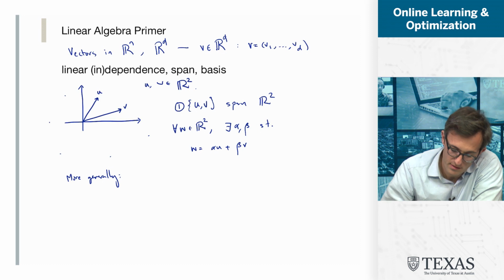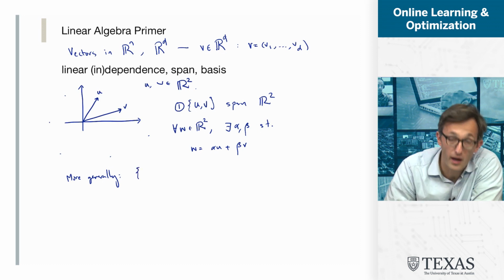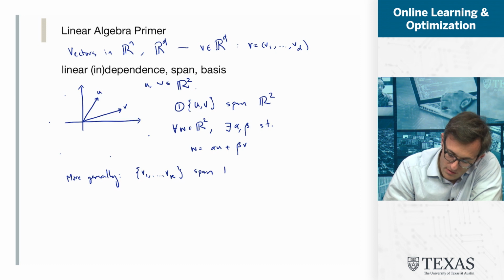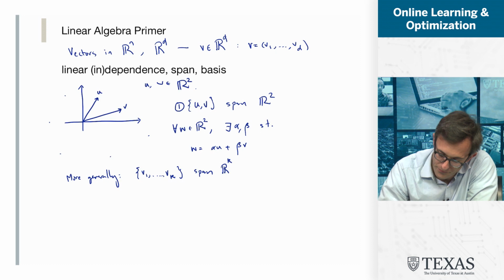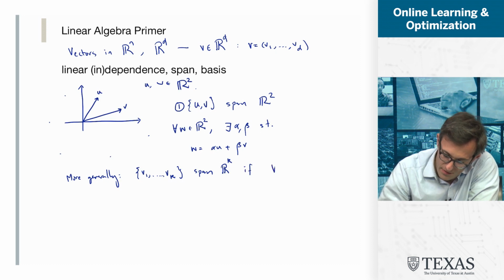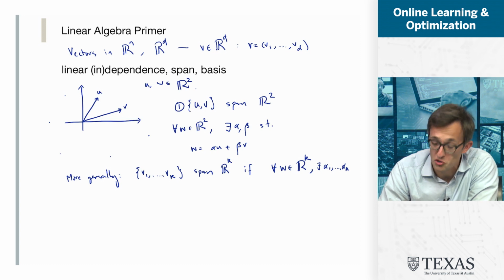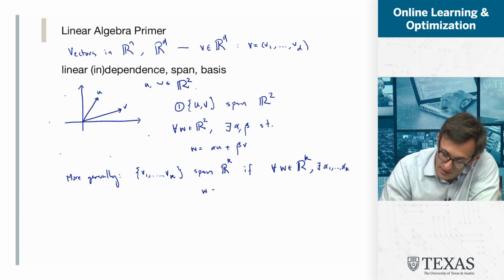So more generally, we write that a collection of vectors v1 all the way up to vk span Rk if for any w in Rk, I can find alpha 1 up to alpha k, these are just real numbers, so that w equals the sum of alpha i vi.